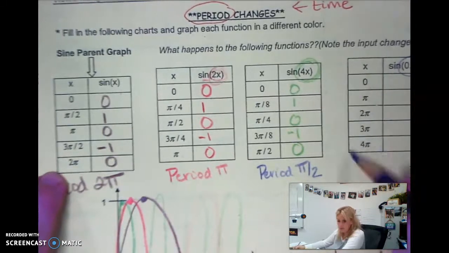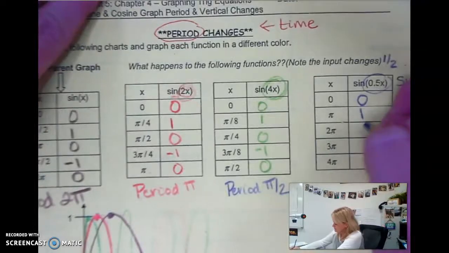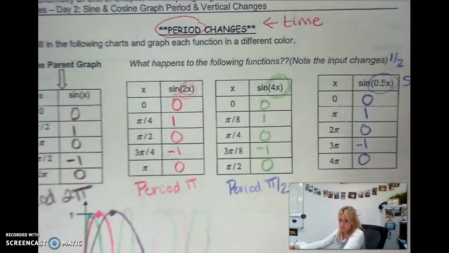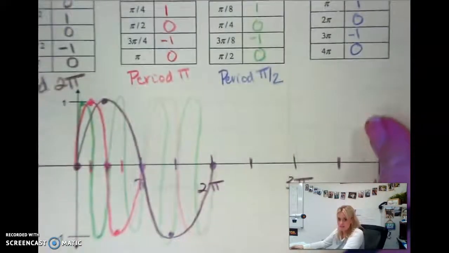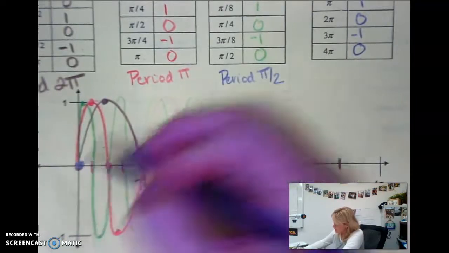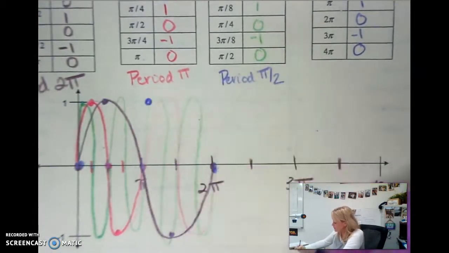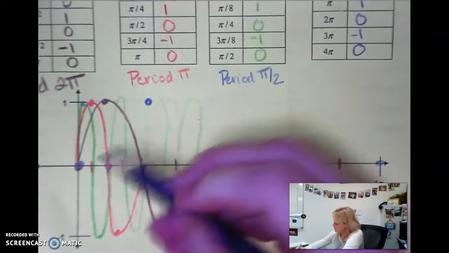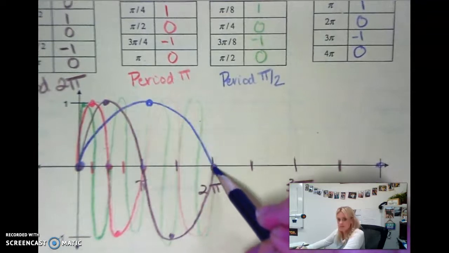So these double. And again, the amplitude is not changing this time. It's the period or the time change. So what happens now to my sine wave is it slows down, and I can only get half of the wave done by the time I normally have a parent graph done.